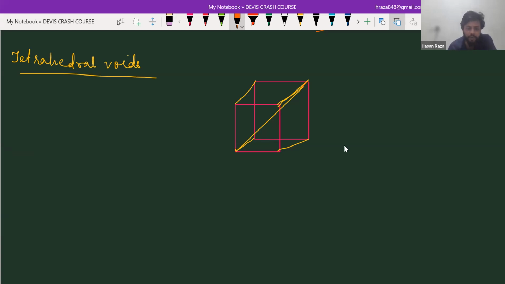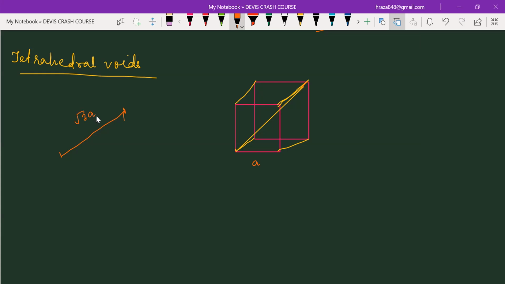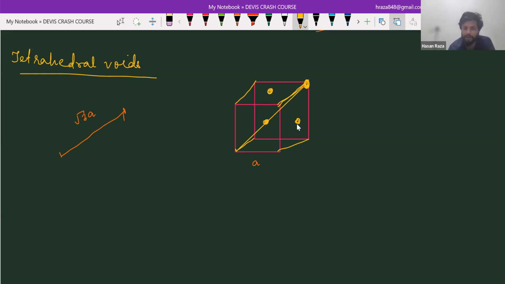So I'm going to take this body diagonal out. This is the body diagonal, and since the edge length is a, the length of this body diagonal will be root 3a. Yes or no? Now see, there will be an atom at the body center, an atom at the corner, an atom on the face, and an atom on the face.